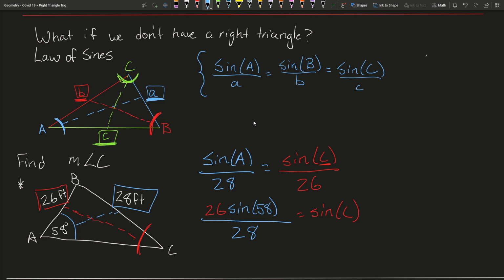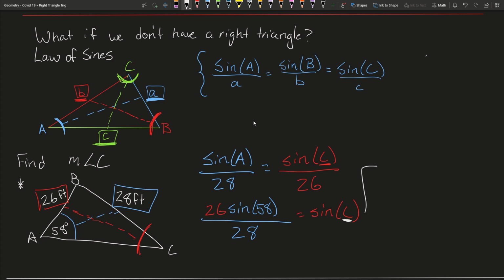It's actually just adding one more little step that's tying into what we did before, which is inverse trig. When we're trying to find the angle, and it's inside of a sine, so we're trying to find this angle C, in order to get that C by itself, we have to take the inverse sine of both sides.